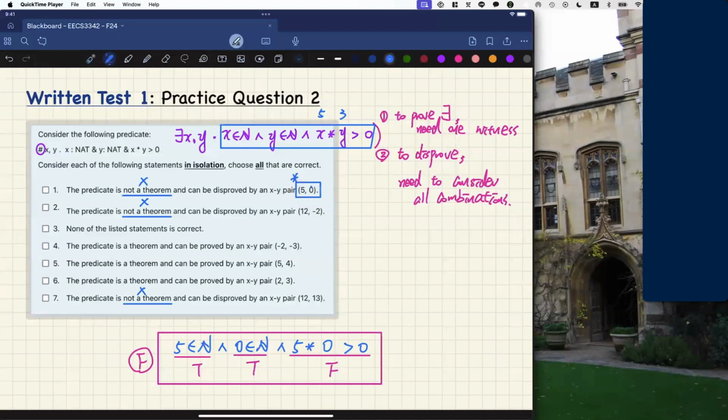Okay. So what I would say is, for the star over here, the witness evaluates to false, but is not sufficient to disprove the existential quantification.